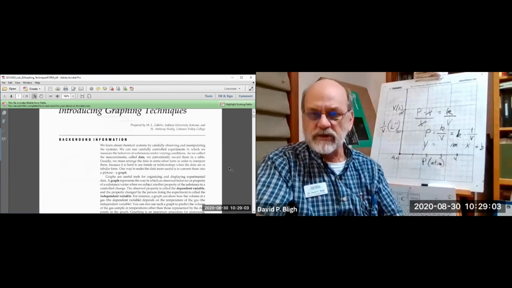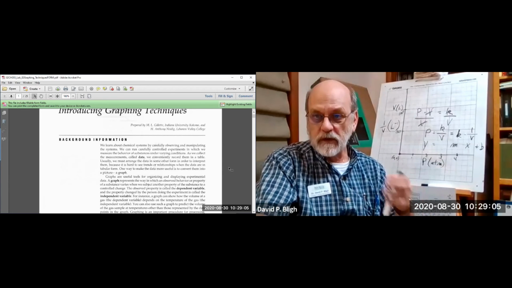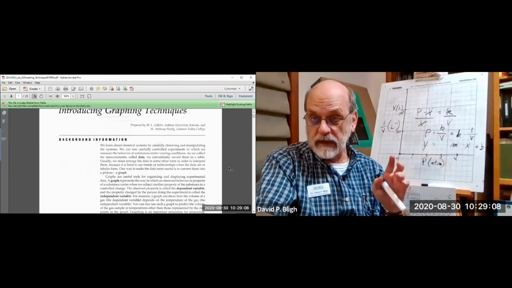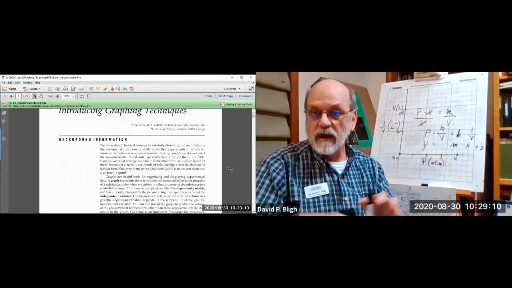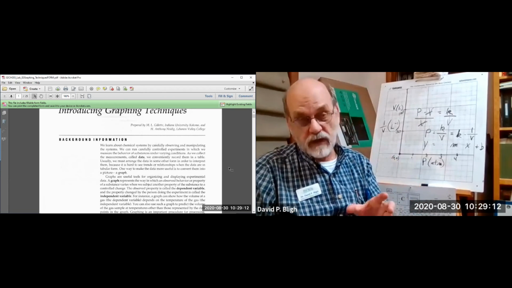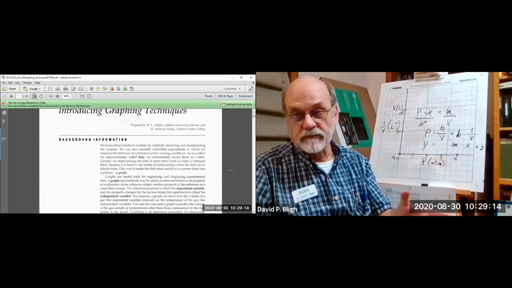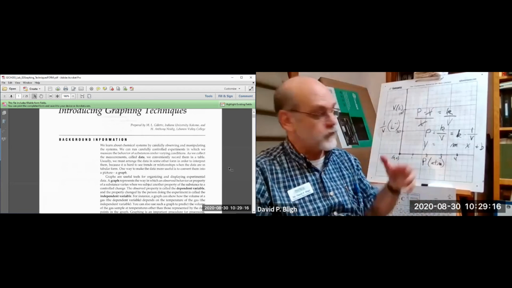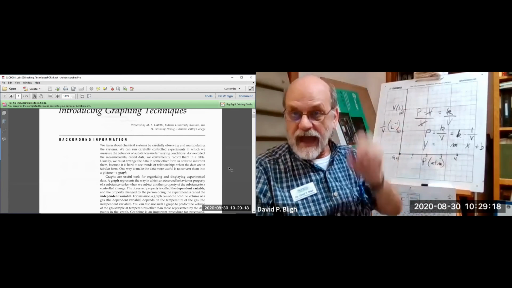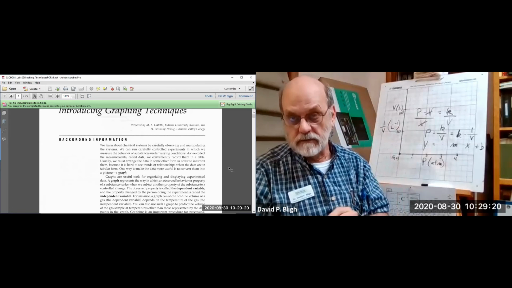If you were going to publish it, one hard and fast rule in any publication is all figures, and all tables for that matter, but all figures, which is another word for graphs, have to stand alone.